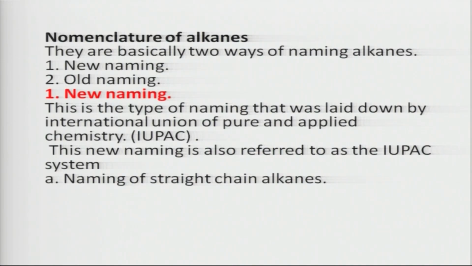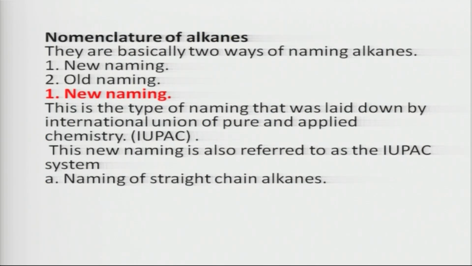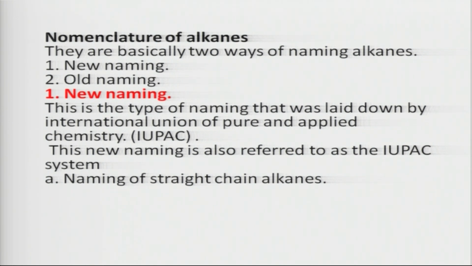Let's take an example. Here, we are going to name our alkanes from number 1 up to 20. But before, let's just make an illustration from what we actually covered in O level.